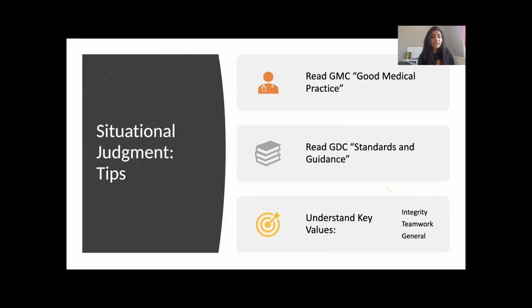You should understand key values such as integrity, teamwork, and general values. You should try to be as ethical as possible, and make sure that the way you act always puts the patient's safety and well-being as the utmost priority.